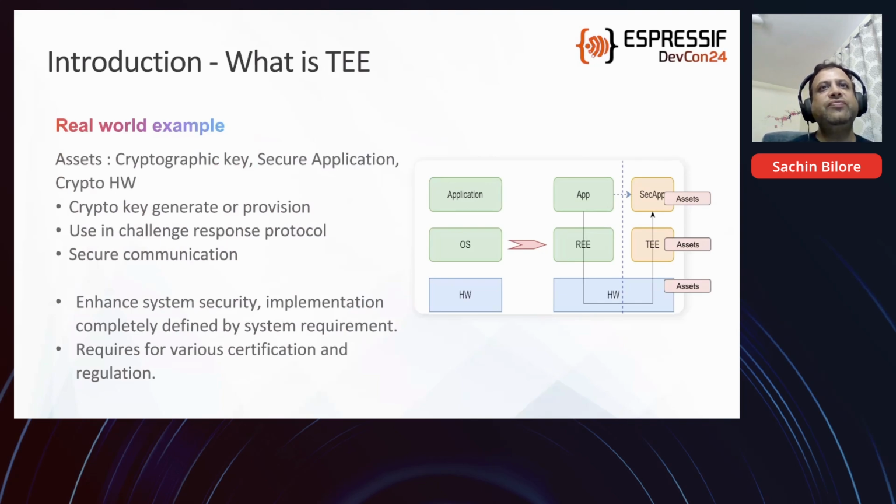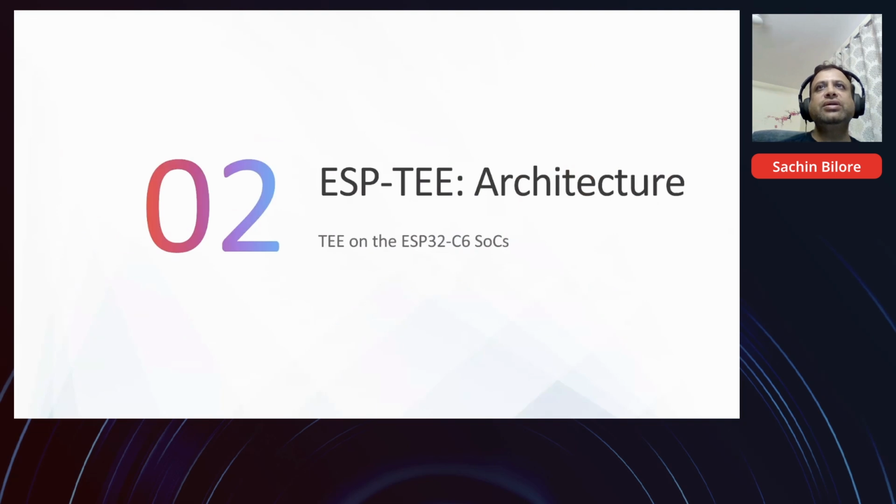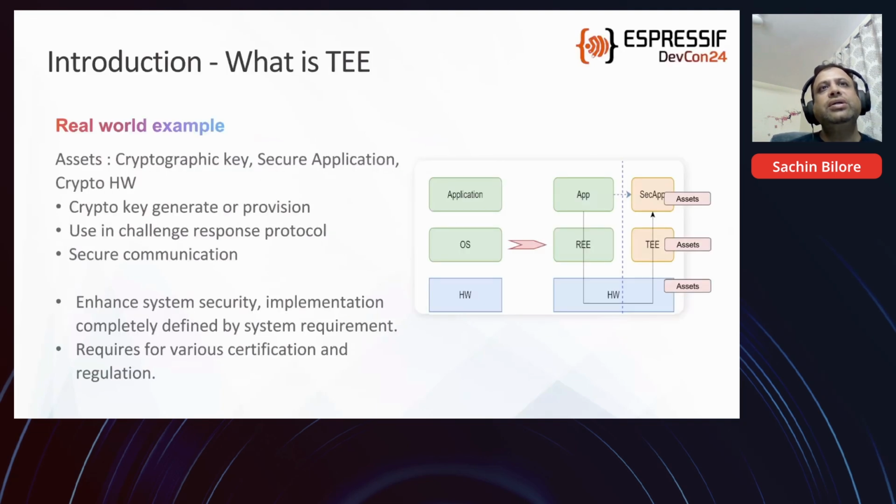So hardware is kind of provide root of trust for this TEE isolation mechanism. At the same time, as we have seen in these use cases, these security features are actually leveraging this hardware root of trust isolation mechanism and implementing different security features, which are actually based on the device requirement.